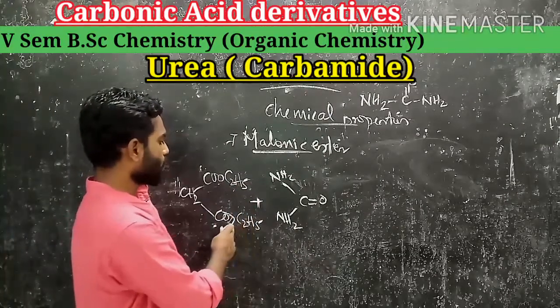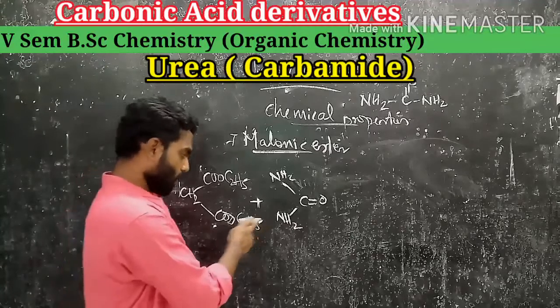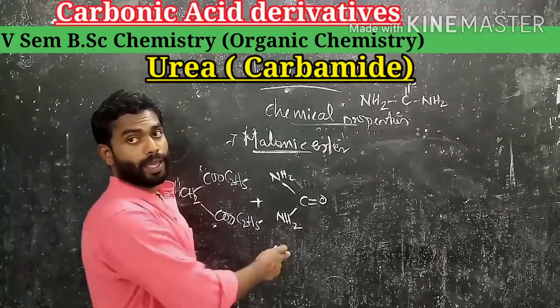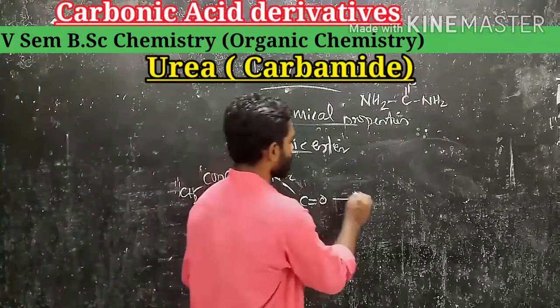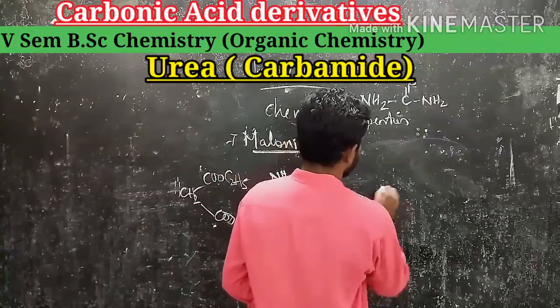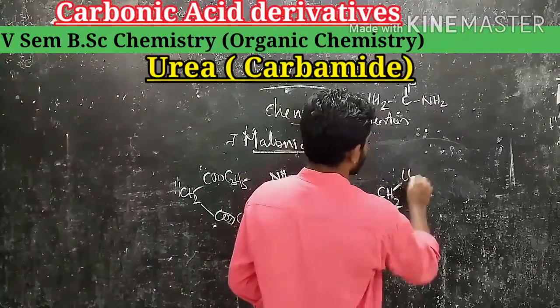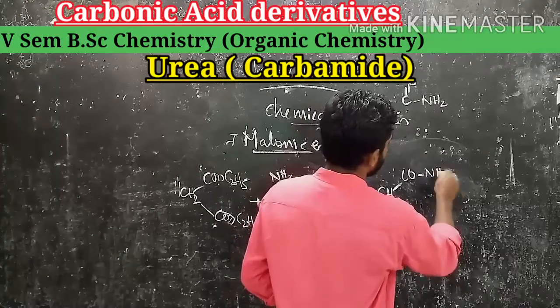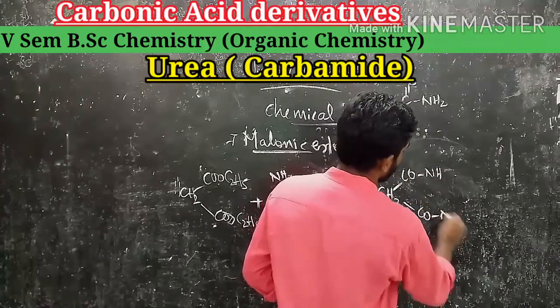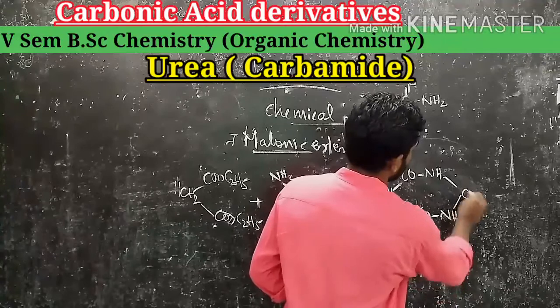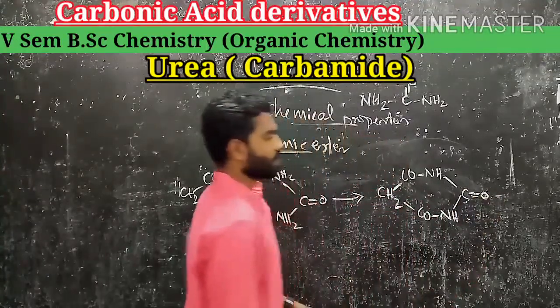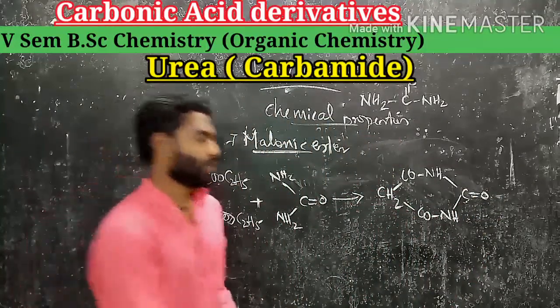Here C2H5 combined with H to form an alcohol. Here a condensation takes place. You will get CH2 CO NH CO NH CO. This is barbituric acid.